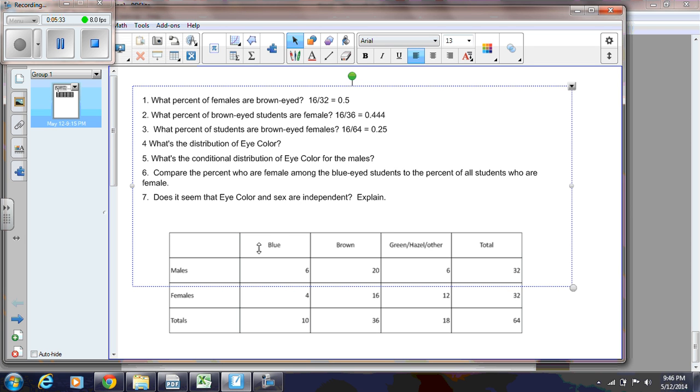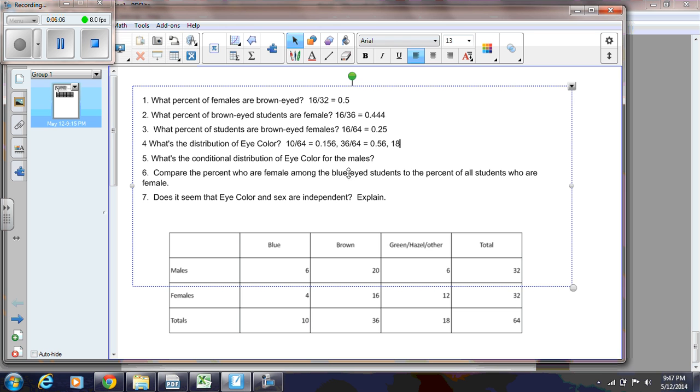Now it's asking for the distribution of eye color. So we're going to look at the totals for blue, brown, and our other category out of the totals. So we're going to look at 10 divided by 64, which equals 0.156 or 15.6%. 36 divided by 64, which equals 0.56.